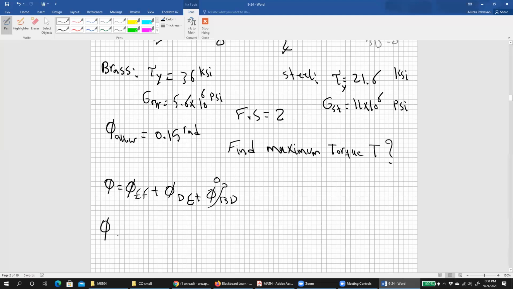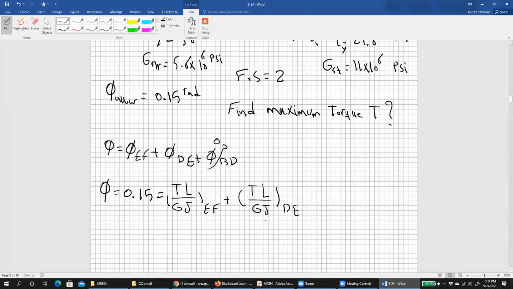Phi maximum is given as 0.50. Phi EF we can write as TL over GJ for EF, plus TL over GJ for DE. Now let's substitute and find T.